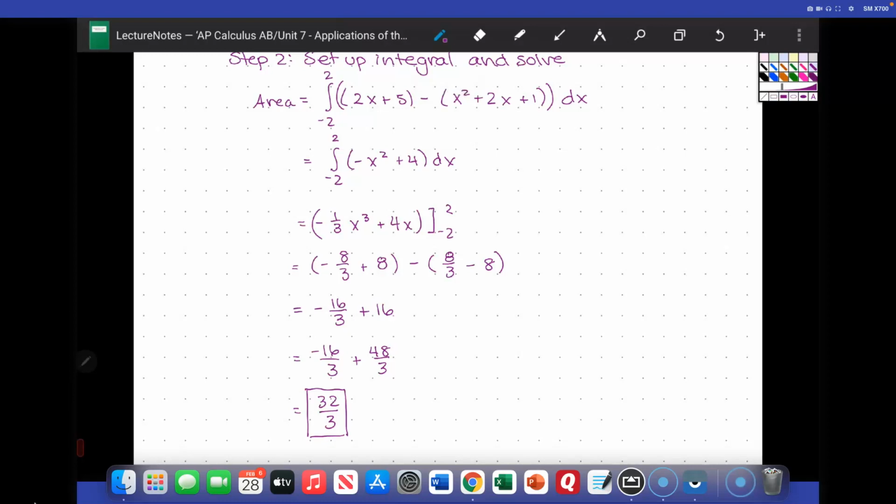But then I might give you other integrals where I just want you to set them up, and then you can use your calculator to get the answer, which I'll remind you how to do in a second. I think I've shown you once briefly, but you'll be using your calculator a lot more this unit. Any questions on that? Anybody still need this?